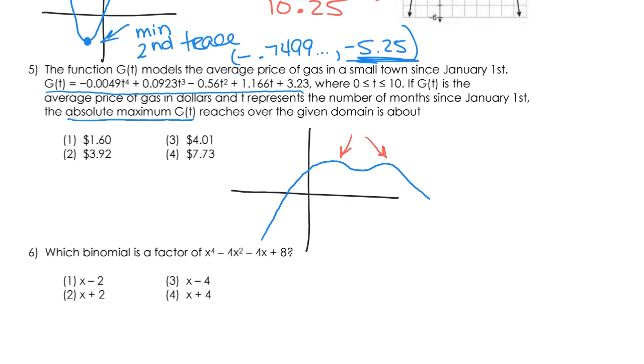For this little tiny peak over here, there's going to be a maximum, and for this little peak over here, there should be another maximum. I can't tell from my calculator screen which one's higher, so I'm going to hit second trace, go to number 4, which is maximum. I'm going to go on the left bound of this first curve, then travel over to the right bound, and then guess in the middle of this first peak.